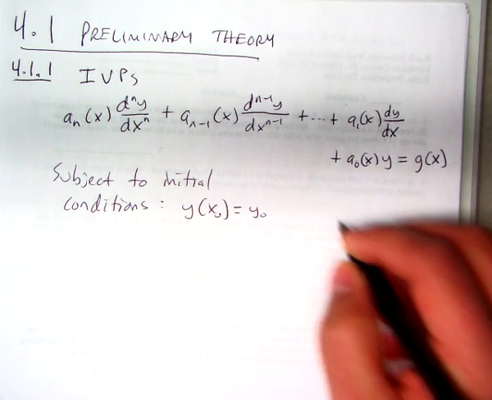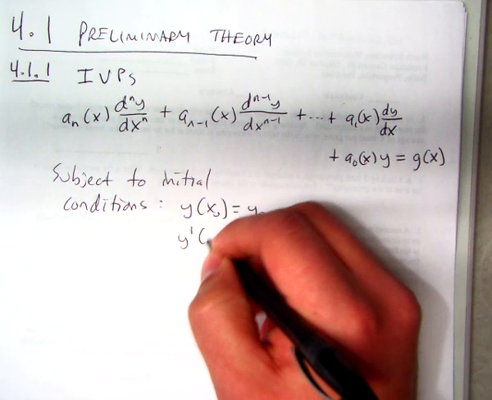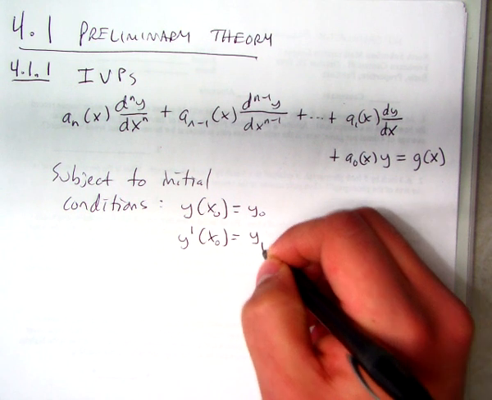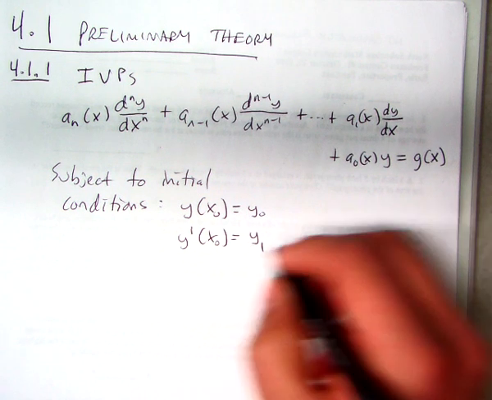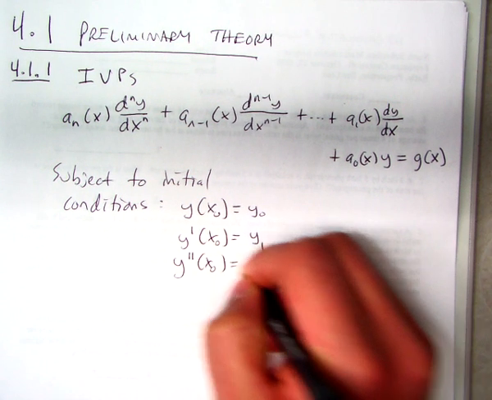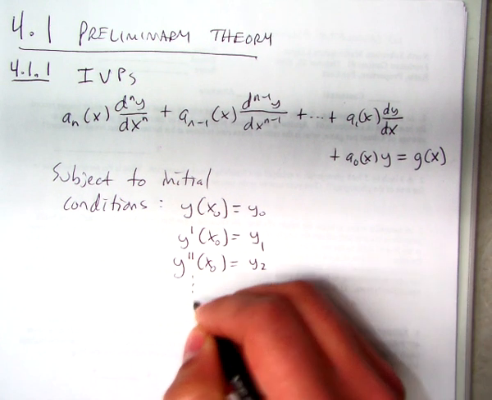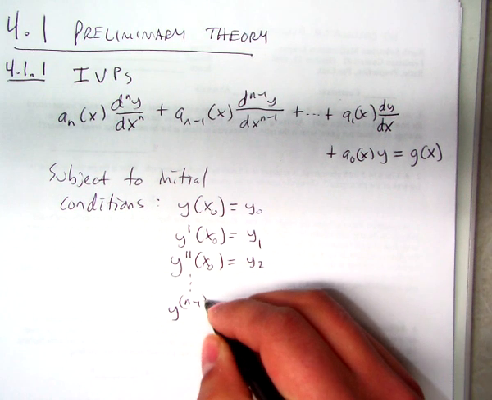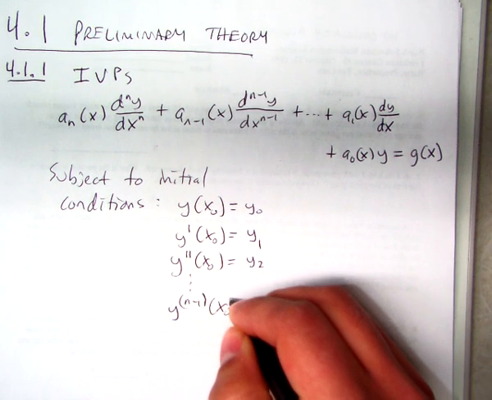y of x naught equals y naught. y prime of x naught, let's say, equals y1. y double prime of x naught equals y2, and so on, down to the n minus first derivative.